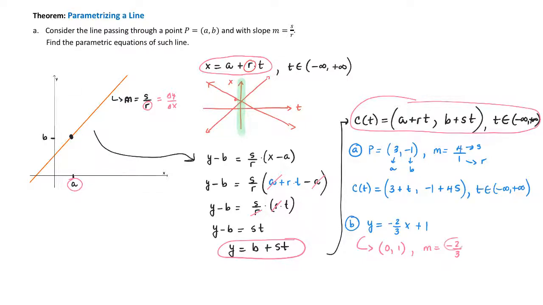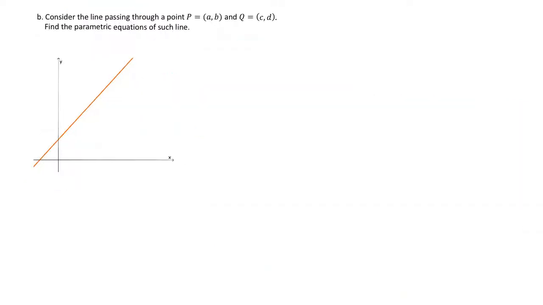So I can think of negative 2 as my s, and I can think of 3 as my r. 0 is going to be a, and 1 is going to be b. So now you can put these values into this expression right here. I think that you can handle that. I don't think that I need to do that for you.